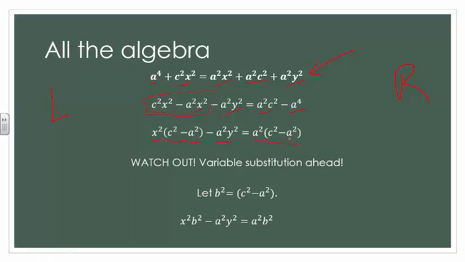And we have to watch out, we're going to make a variable substitution here. We let b squared equal c squared minus a squared. Notice we have c squared minus a squared on the right and the left now. So we say that equals b squared. We plug b squared in wherever we see that, and that gives us x squared b squared minus a squared y squared equal to a squared b squared.